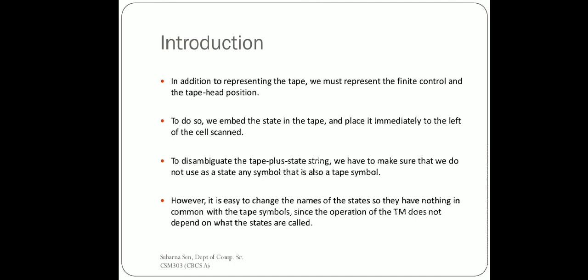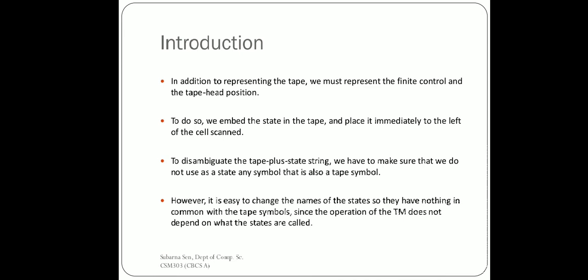We also have to keep the position of the finite control, meaning which cell of the tape my Turing machine is scanning now. We need to mention that specifically as well, and the tape head position, right? Where the finite control is now and which symbol it is processing, where the tape head is now, all those things we have to mention.